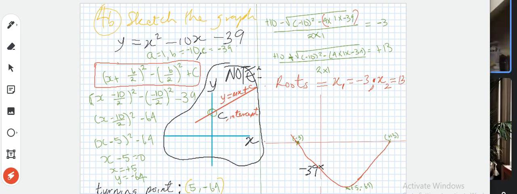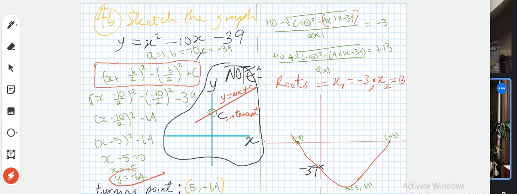You make x minus 5 equal 0, so x is 5, and y is just the value of what you have here, minus 64. So the turning point is when x is equal to 5.